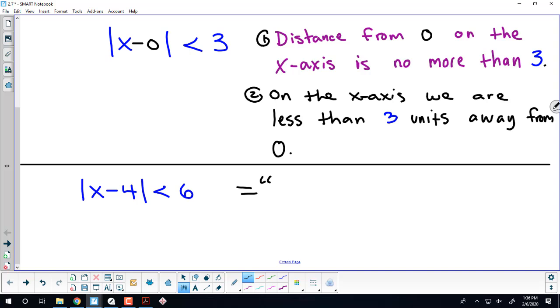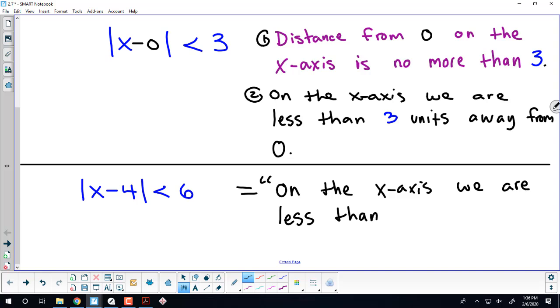So we would say we're dealing with x, so we're going to think about on the x-axis, we are less than, let me write these in different colors here, 6 and 4. So on the x-axis we are less than 6 units from 4.